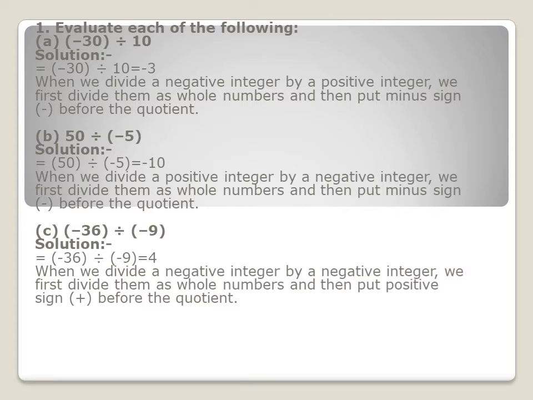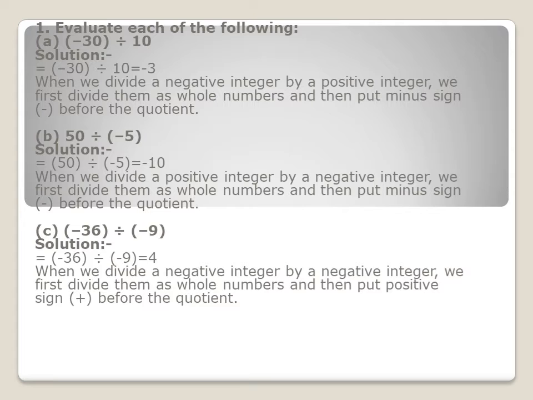It's very simple. Now coming to bit number B: 50 divided by minus 5. Here also the minus sign will be taken at the end, for the whole. So 50 divided by 5 is equal to 10: 5 ones are 5, 5 tens are 50.